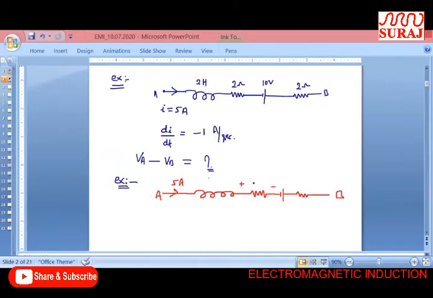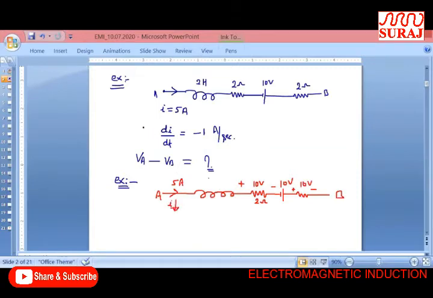If you see the voltage drop across this resistance, it is going to be 10 volt, this is also going to be 10 volt, and the battery is also given as 10 volt. You can take the polarity, as you have seen while discussing current electricity. Again here the polarity will be like this, and the voltage drop V equals IR, that is 10 volt here also.